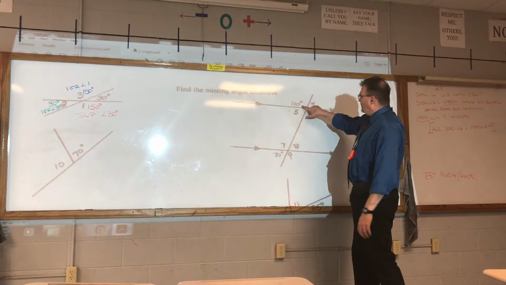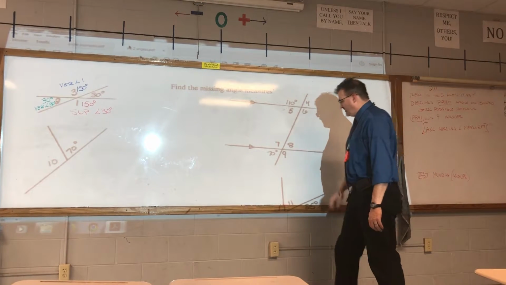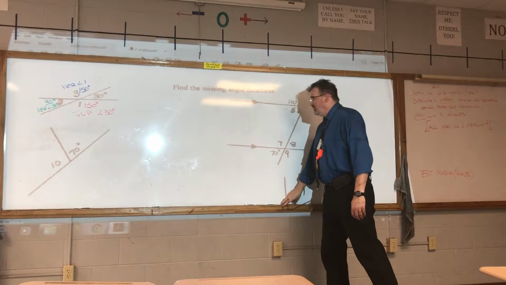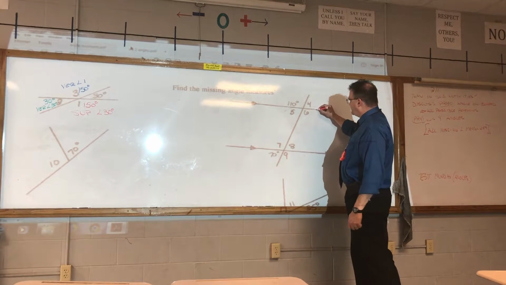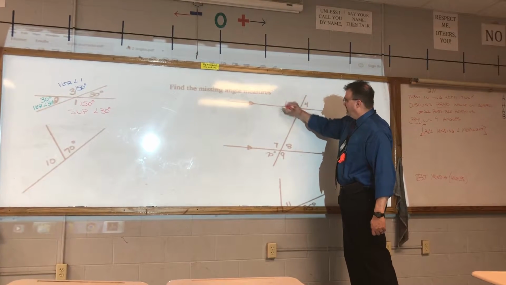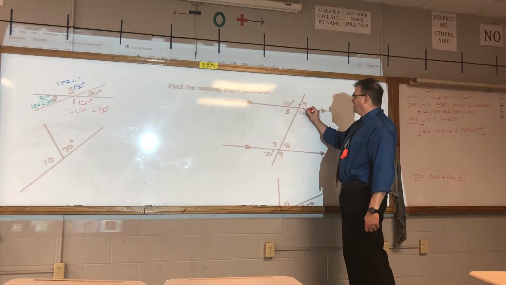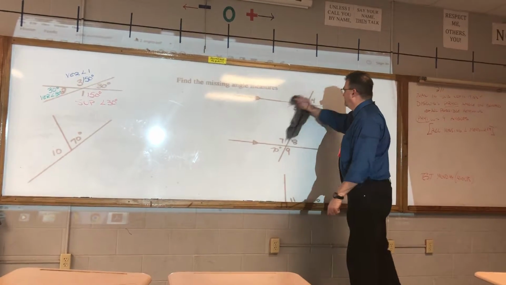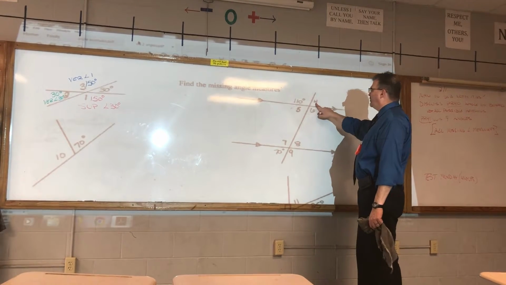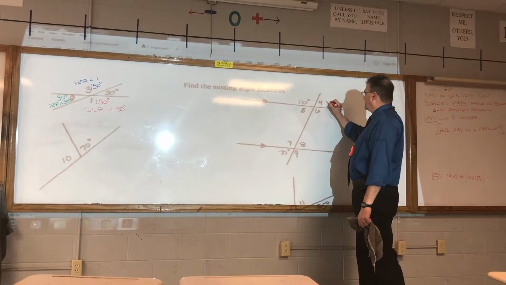But once again, the only angle I know is 110 degrees. So angle 4, I see forms a straight line with 110. So that angle right there has got to be 180. So 110 plus what is 180?